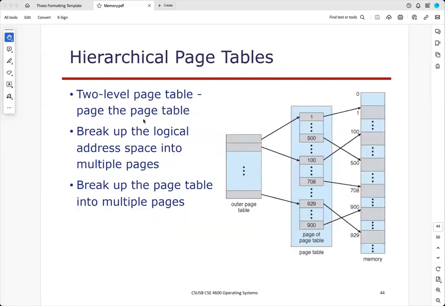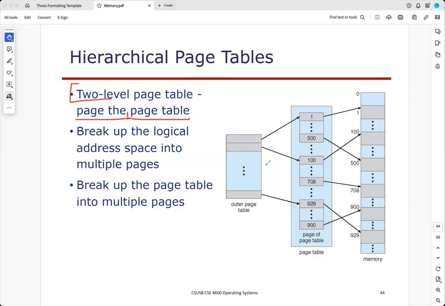Hierarchical paging means that we can have a multiple-level page table. This is an example of a two-level page table. Two-level page table means we divide the page table into multiple pages. We page the page table.